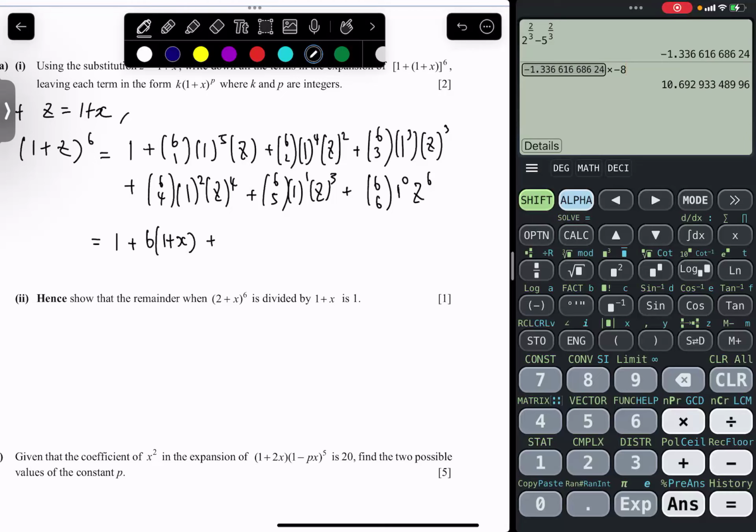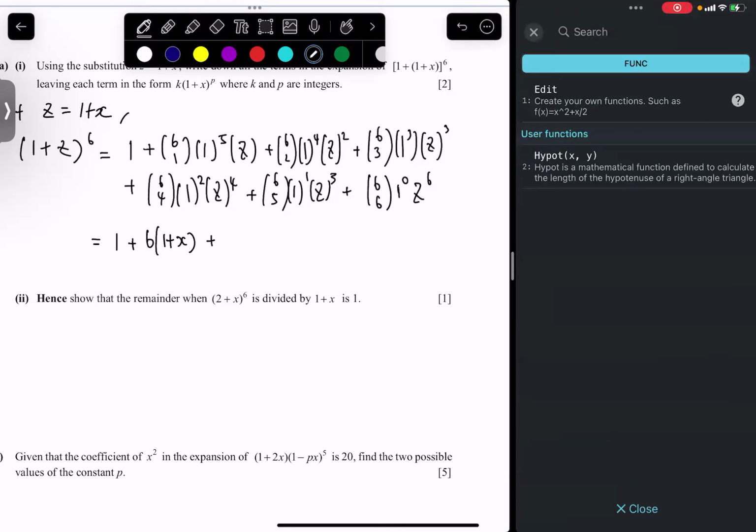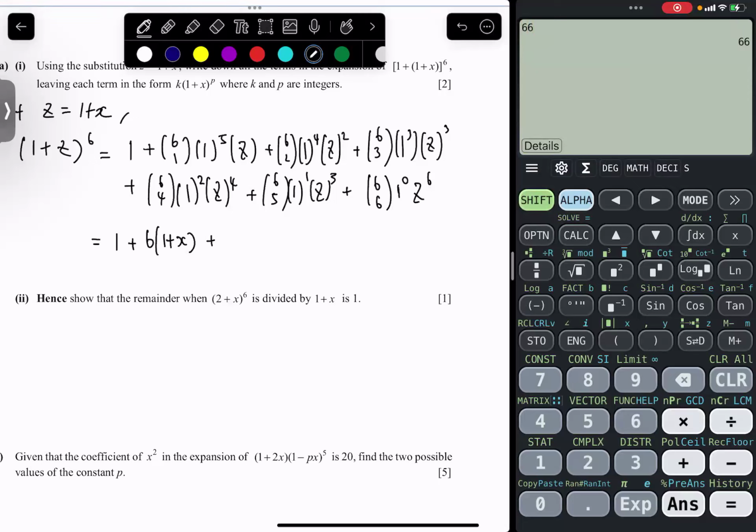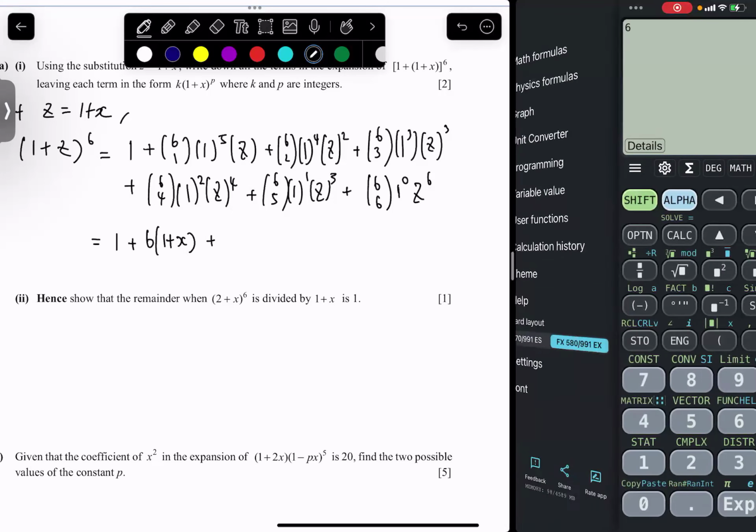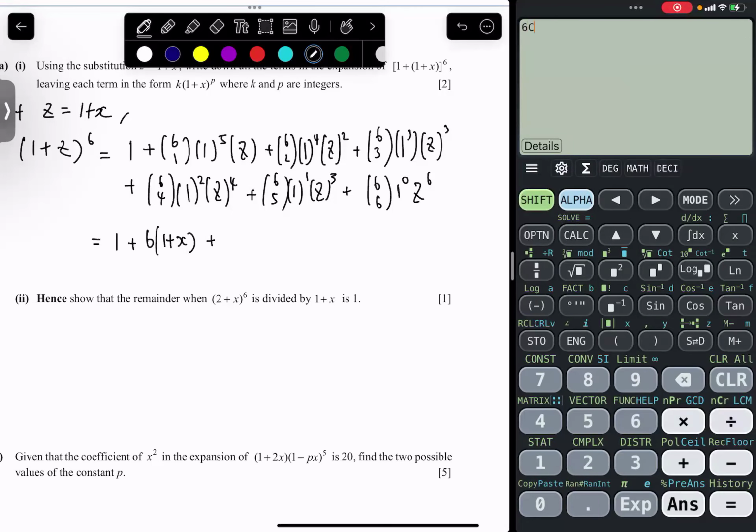Plus 6C2 is 15, (1 plus x) squared, plus 6C3 is 20, (1 plus x) cubed, plus 15 (1 plus x) to the fourth, plus 6 (1 plus x) to the fifth, plus (1 plus x) to the sixth.